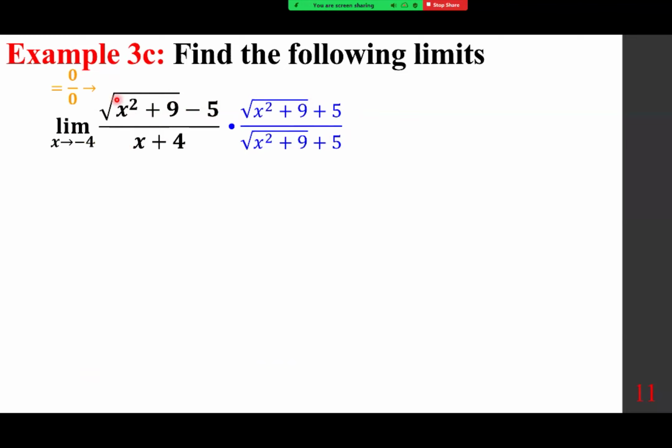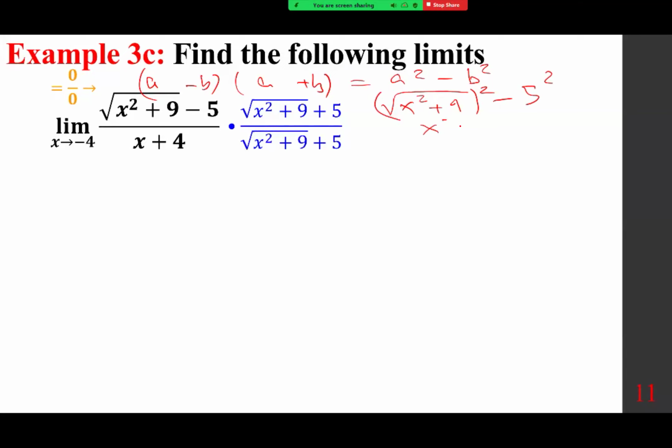So when we do that, we are looking at a minus b times a plus b, and the answer is a squared minus b squared, which means the numerator is the square root of x squared plus 9, squared, minus 5 squared.